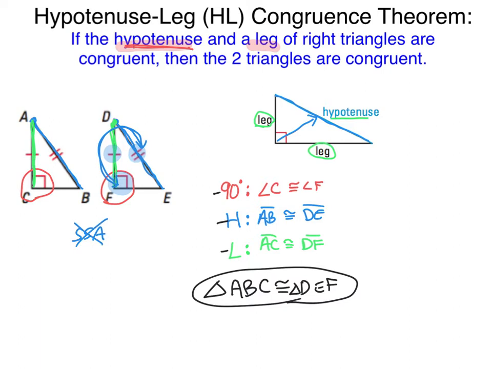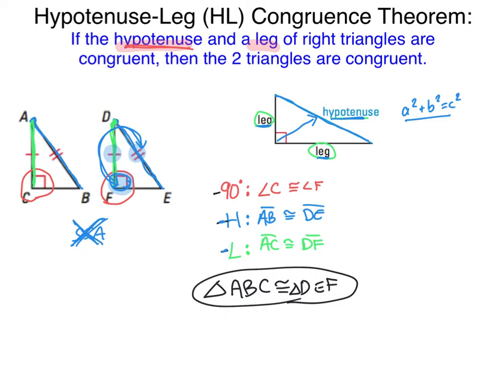But because I have a right angle, in a right triangle, if I know this side and this side, then the other legs have to be congruent because, remember the Pythagorean theorem, a squared plus b squared equals c squared. Because I have this theorem, I can use hypotenuse leg as a congruent statement, and it ends up not being the side-side-angle method. So it still works, but it has to be in a right triangle only.